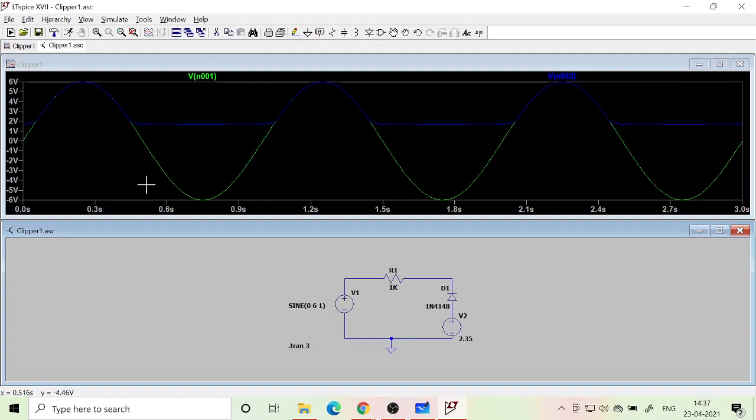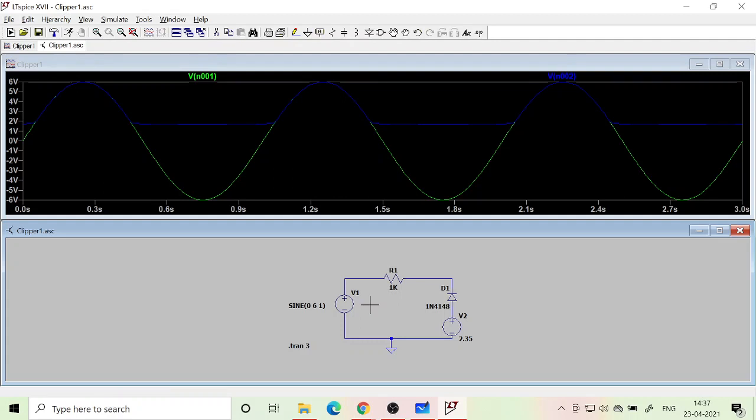So can somebody tell me what went wrong with our assumption? What we need to correct? The battery voltage. Yes, the battery voltage is not taken correctly.